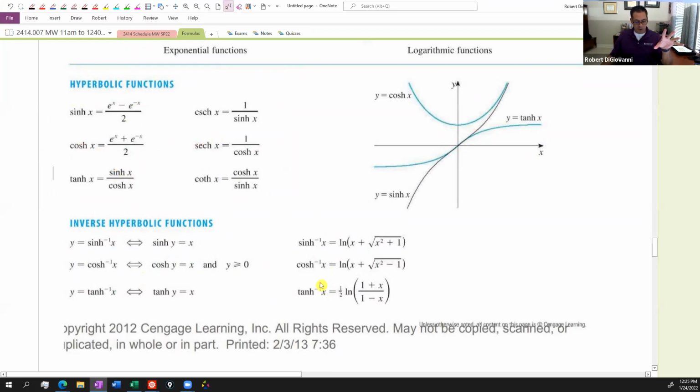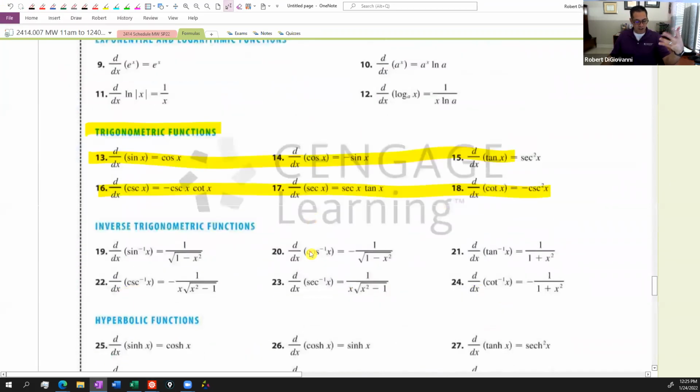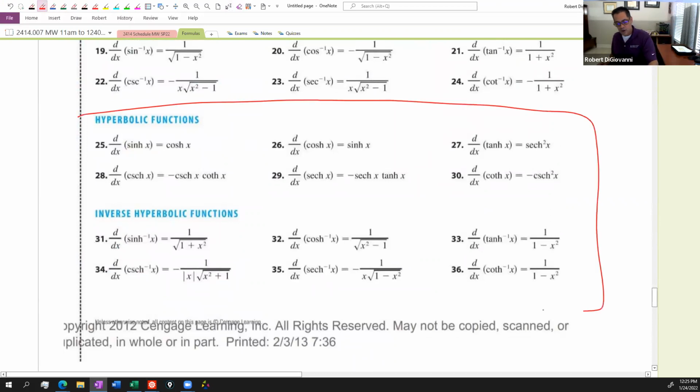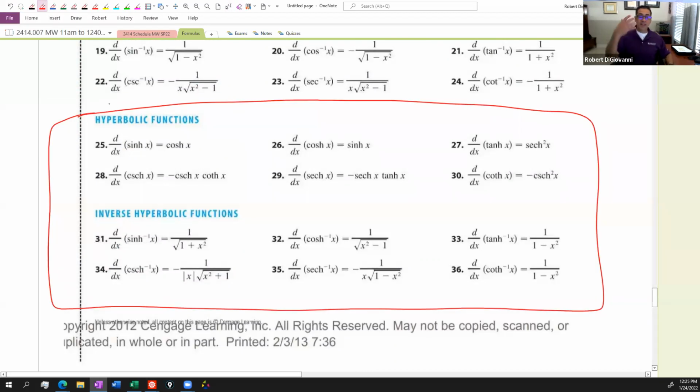Here are their inverses. And then we're most interested in the derivatives. So here at the last, formulas 25 through 36 are your 6 hyperbolic function derivatives and your 6 inverse hyperbolic function derivatives. So now we have a grand total of 12 new derivatives for today.